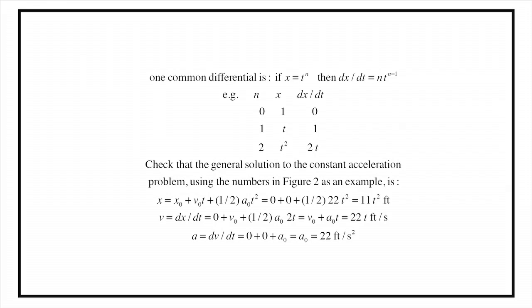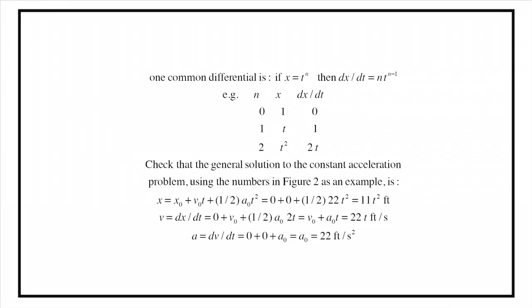Now, if we want to get dx dt, though, instead of making plots and measuring slopes, you use what's in the top line of this panel. There are three terms in this equation that we just looked at. The first one was x naught times t to the 0 power. T to the 0 power is just 1.